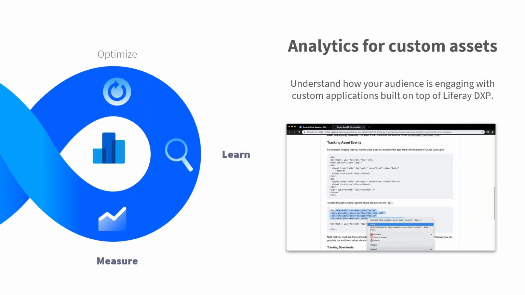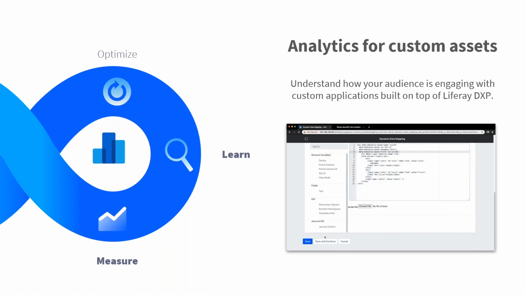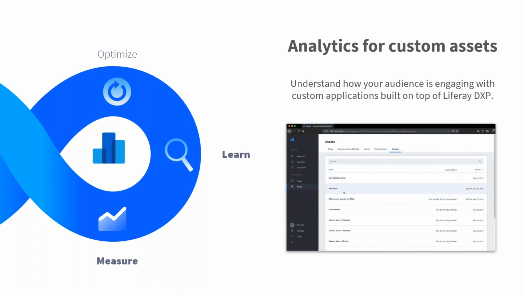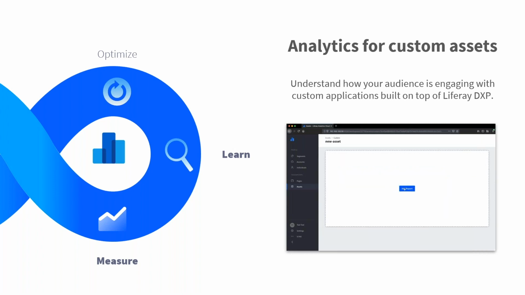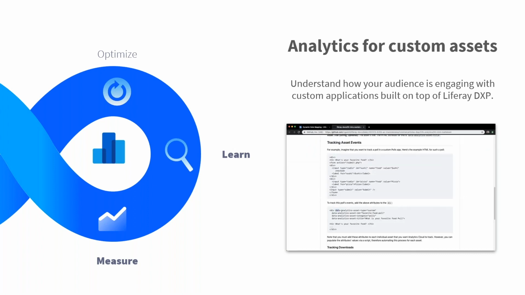And we also need to be able to custom tag assets. So if you've got an asset that is something from your internal organization, which you have integrated to your DXP platform, and then you're showing that asset in the DXP platform, it would be unfair for you to expect that asset to be reported on automatically.